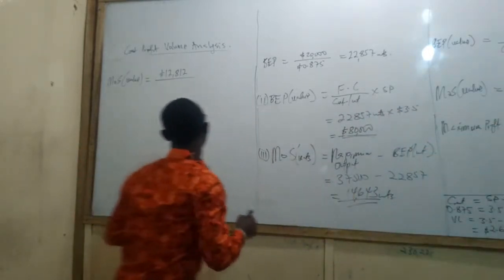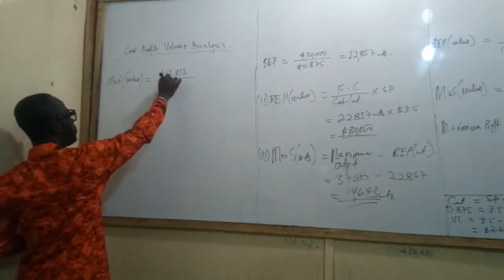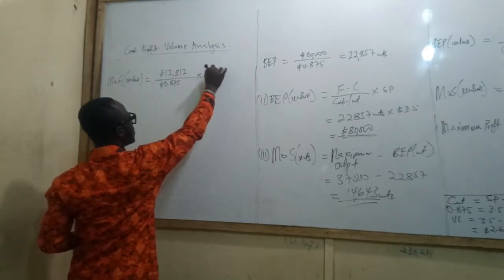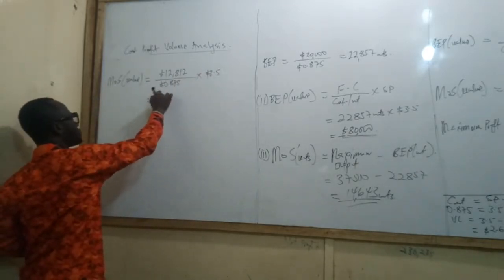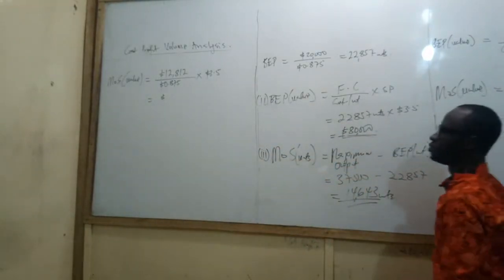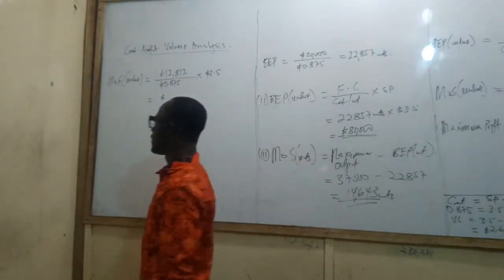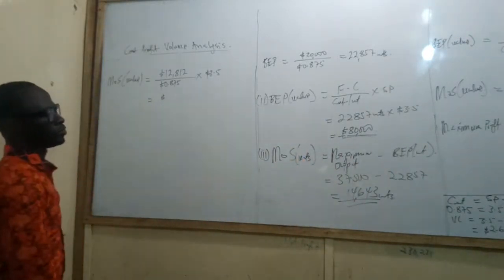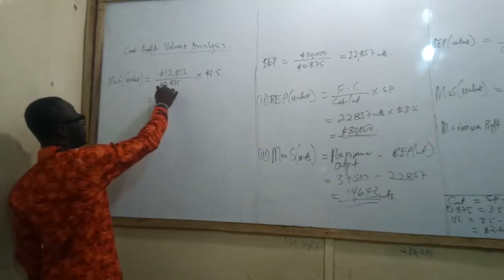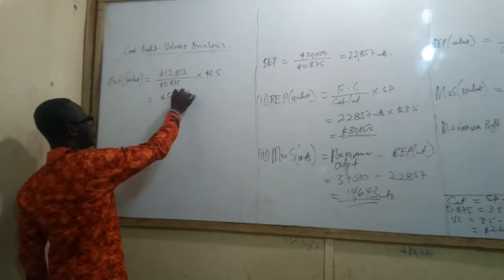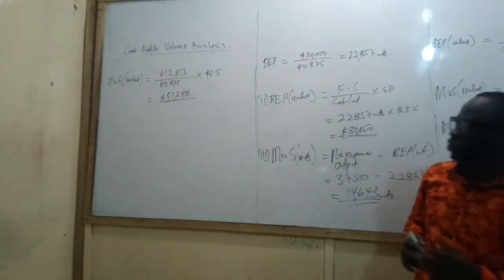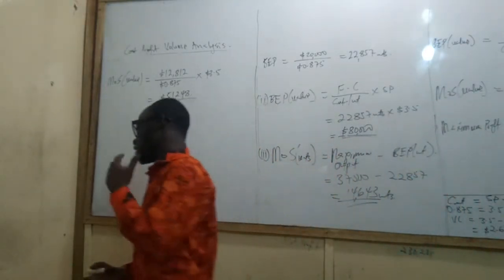What was our contribution per unit? 0.875, times the selling price of 3.5. Go for it. Give me an answer. Good, that's it. So make sure you understand this very well.